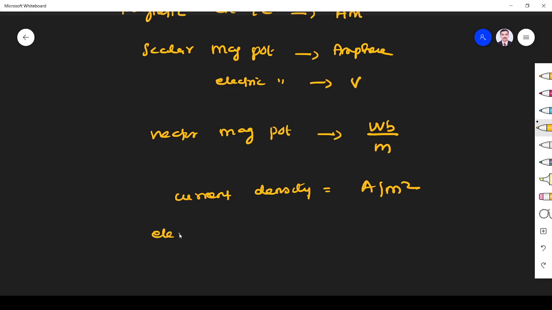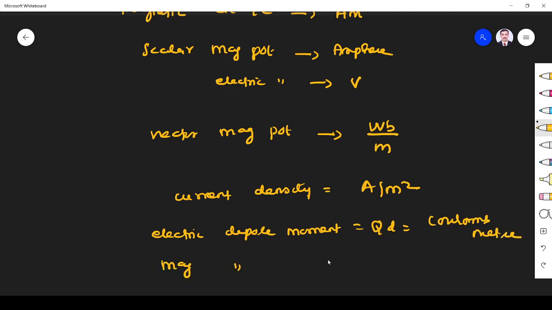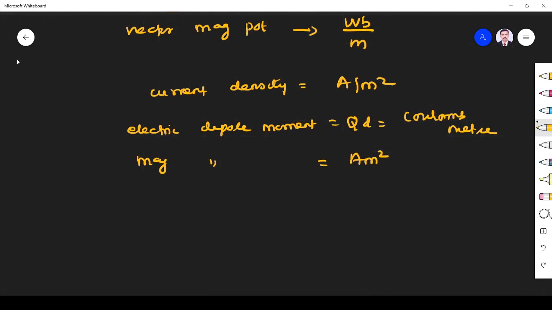Electric dipole moment, that is given by QD. Q is Coulomb and D is distance meter. So that is what electric dipole moment. Magnetic dipole moment, ampere meter square. Right? Okay. Electric current density J.